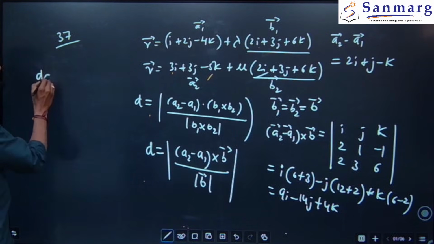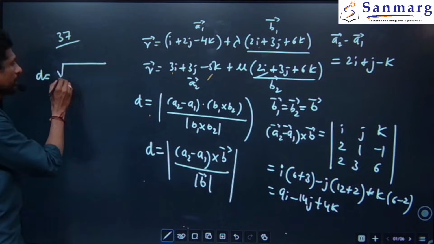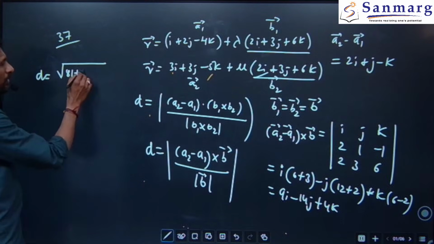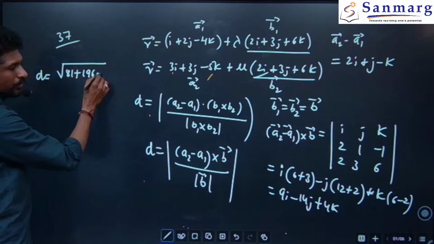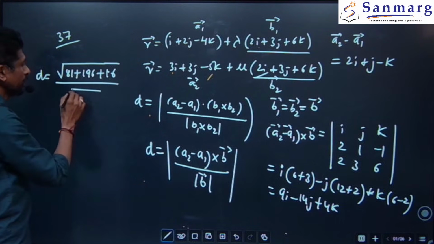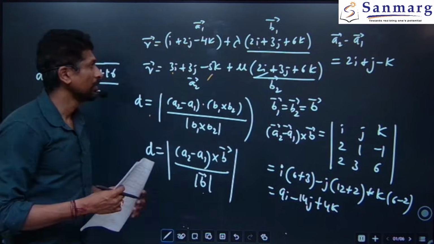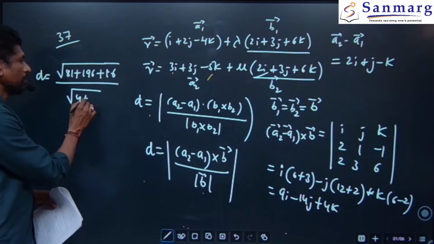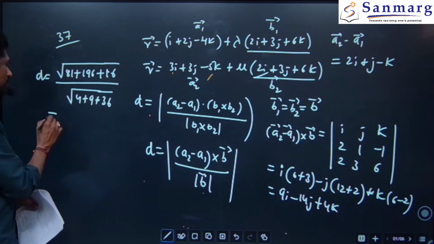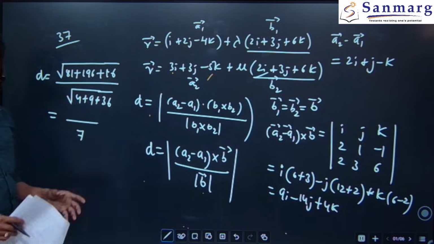d becomes the square root of the numerator, that is 81 plus 196 plus 16. On the denominator side you have to find the modulus of b now. b is nothing but 4 plus 9 plus 36, which becomes 7 itself, because it is the root of 49.